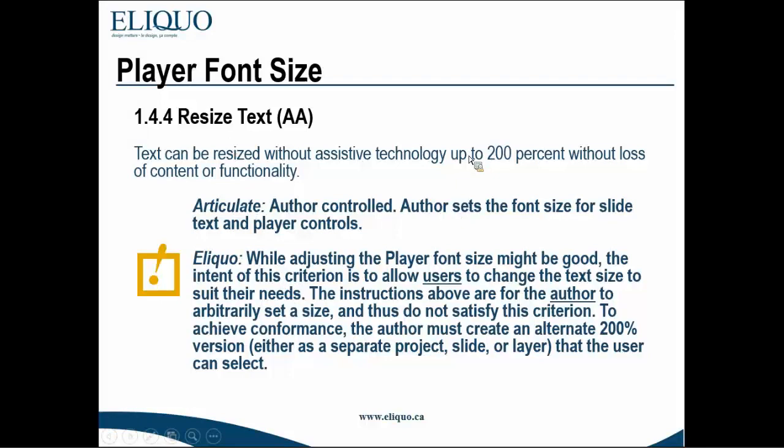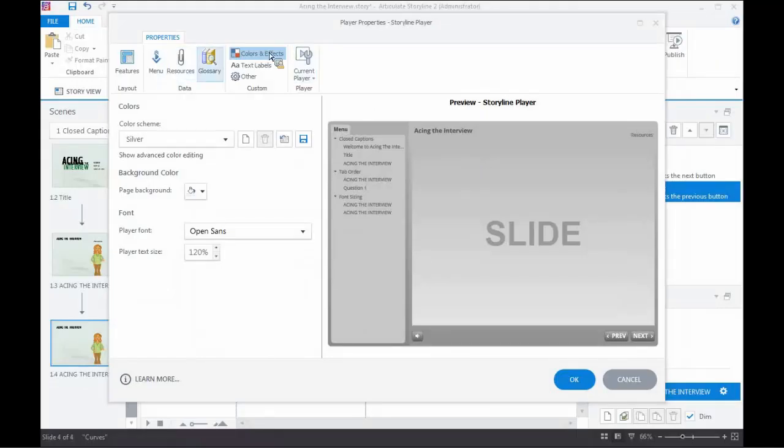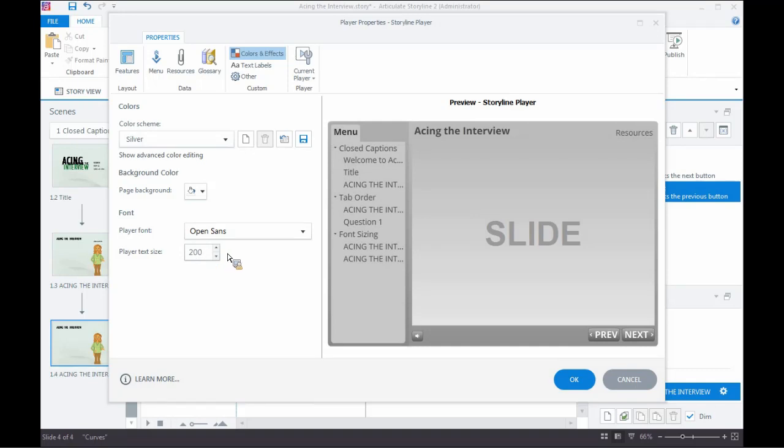So if I go into my player properties here, you'll see down in the player text size, I can actually increase this size up to 200% of normal. However, once this is set, it's fixed. The user has zero control over the actual size. So that's not actually meeting the requirement in the resizability of the text.